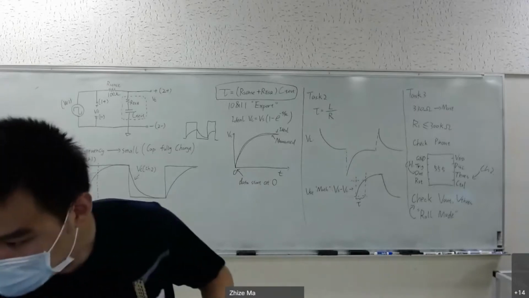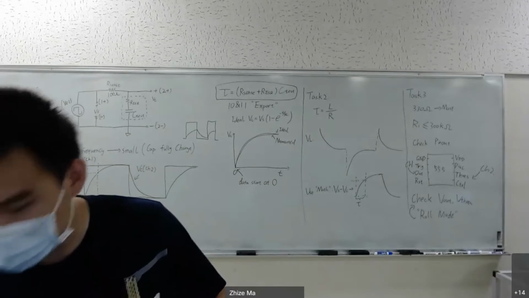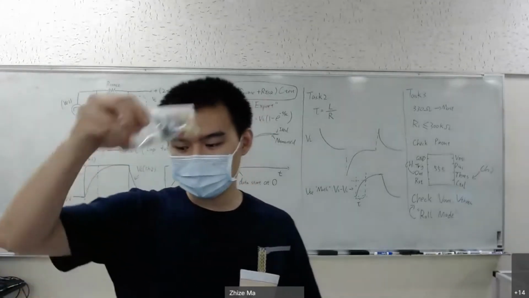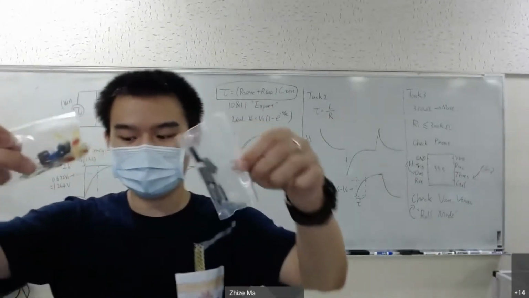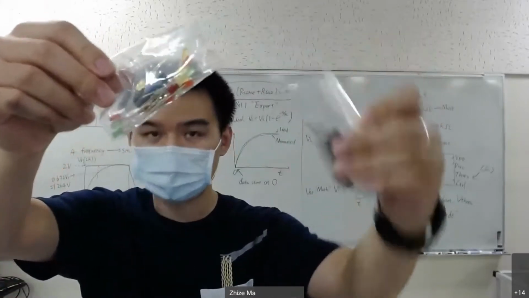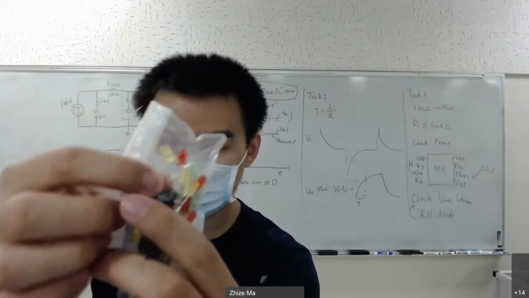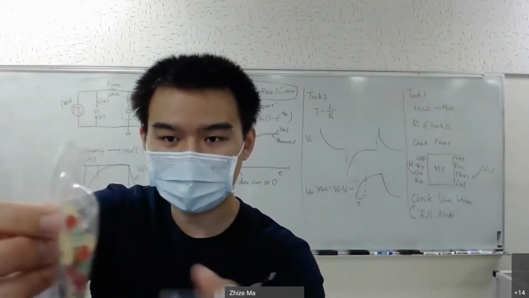Let's say the LED in your lab kit is not in the large box. It's in a separate small bag, something like this. You see the different color components here. That's the LED.